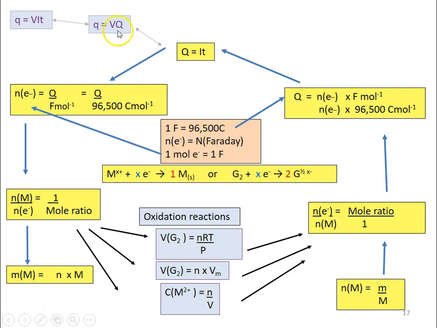If you knew how many Faraday, you could find Q. If you knew the voltage, you could work out the amount of energy. So there are lots of ways of tackling these questions.